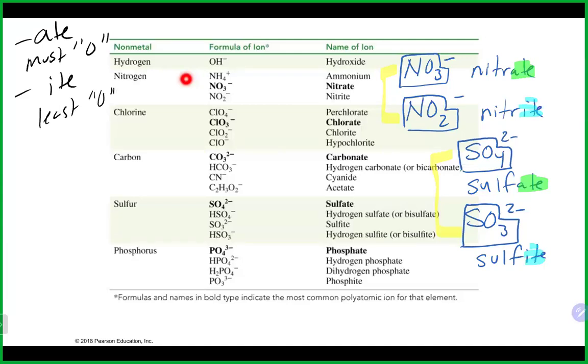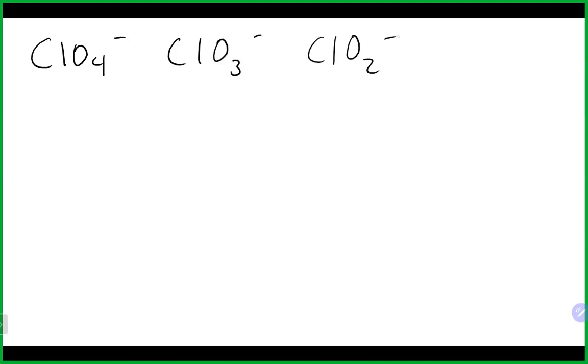Now, there are also some groups here that are related to each other by 4 things together. For example, we'll take this 4-pack right here, which is probably the most common one. Maybe I'll go back a page and show you. This is ClO4 minus, ClO3 minus, ClO2 minus, ClO minus.